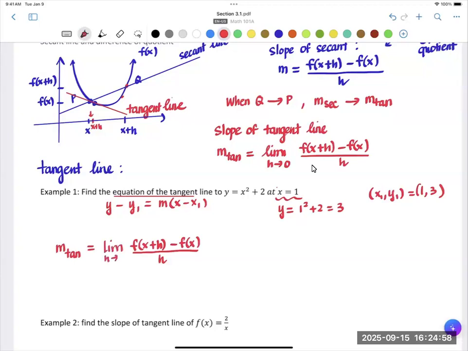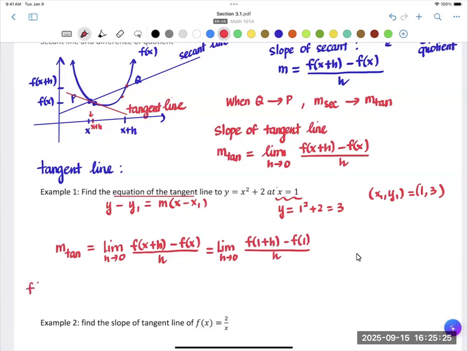Because we know x is equal to 1, I can put 1 into my x. So I have the limit as h approaches 0 of f of 1 plus h minus f of 1, over h. Now we have to look for what f of 1 plus h is first.